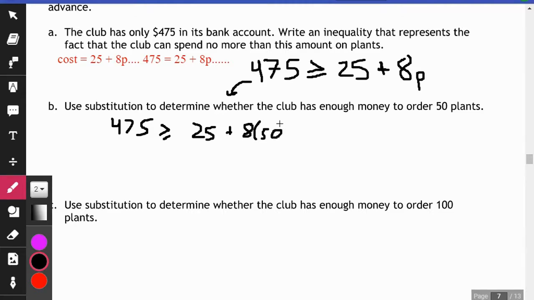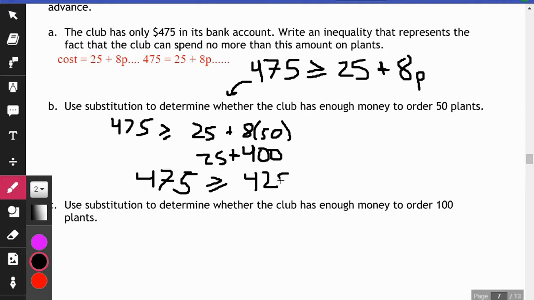Well, if you know 8 times 5 is 40, you know that 8 times 50 is 400. 400 plus 25 is 425, but we want it to be less than 475. Is it? Is 475 bigger than 425? I sure hope it is.